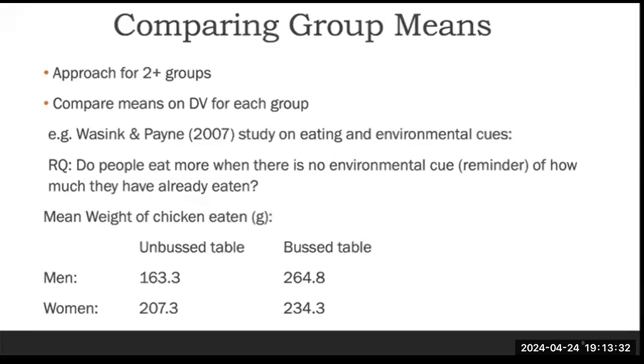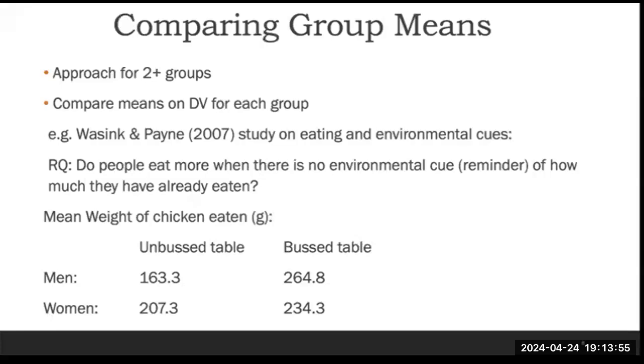So here's an example. Wansink and Payne had a study on eating and environmental cues. So the research question was, do people eat more when there is no environmental cue or a reminder of how much they ate, or it's missing, right? Do they eat more? So the study, this would have been so fun to be part of. They got to eat chicken wings.